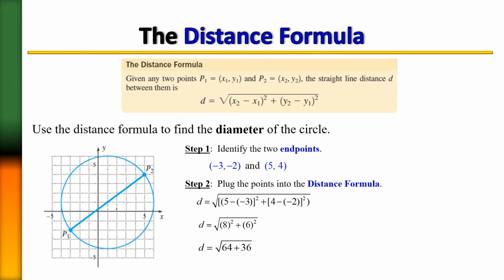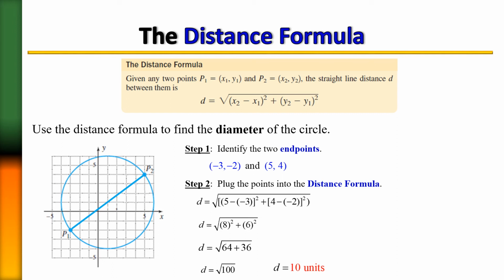All we need to do now is go ahead and add those two numbers together. And lastly, find the square root of it. And the square root of 100 is 10. So that line is 10 units long, the distance of it. That is the diameter.